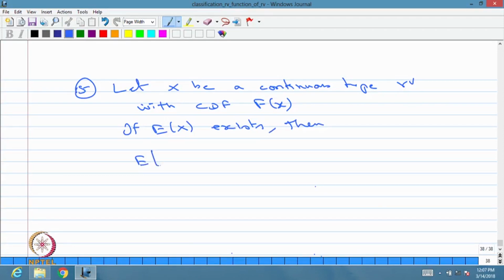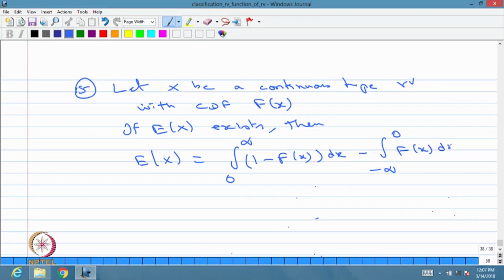you can always find the value of expectation of X, that is E of X, that is the integral from 0 to infinity of 1 minus F of x dx, minus the integral from minus infinity to 0 of F of x dx.